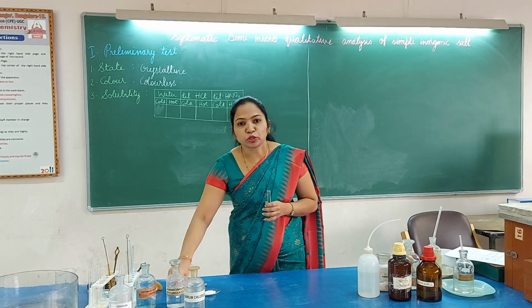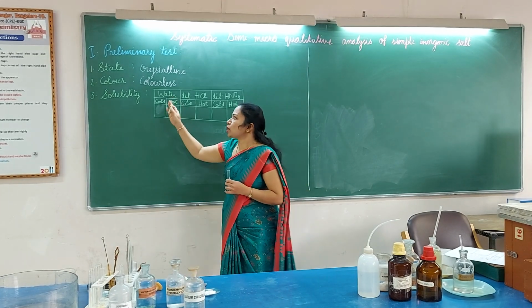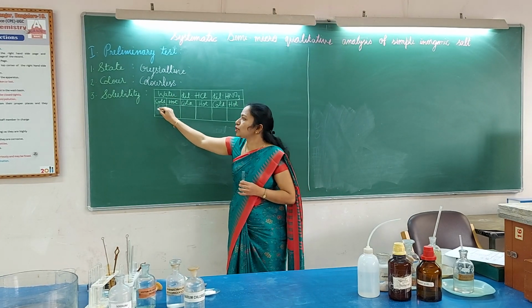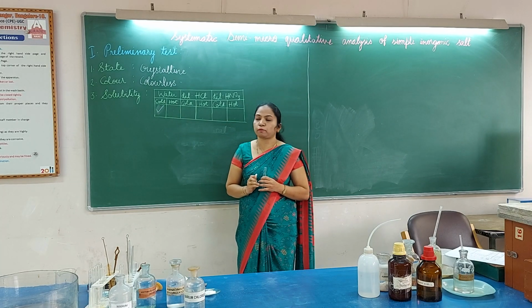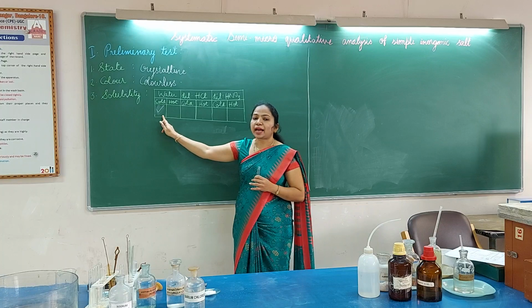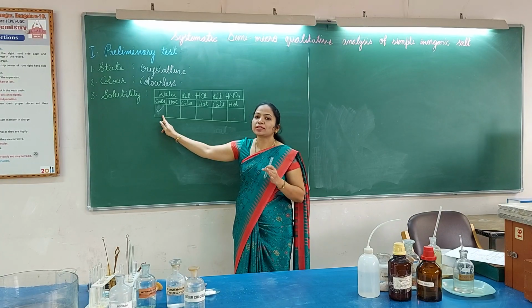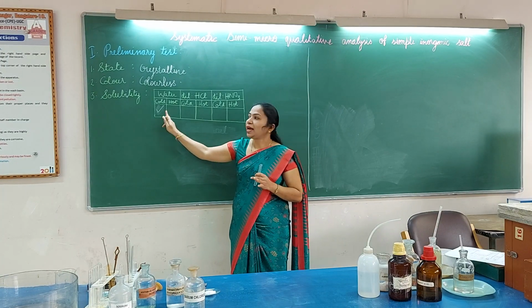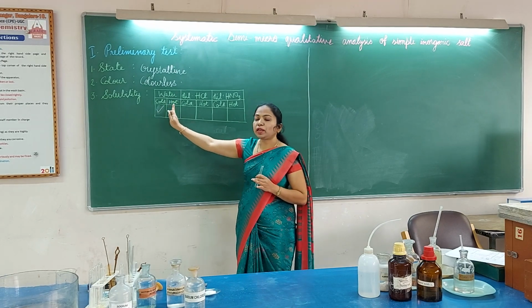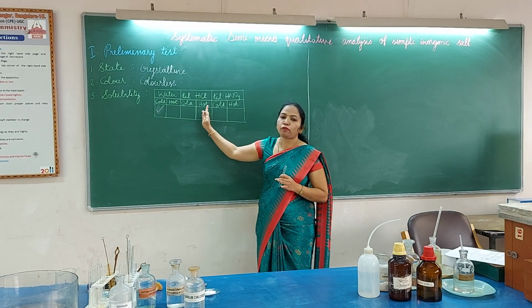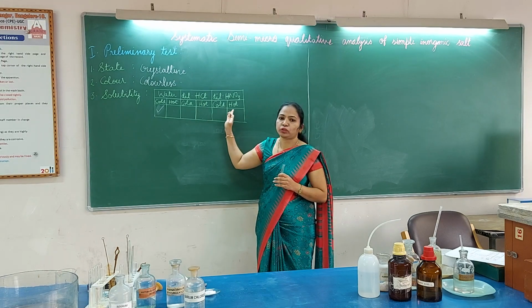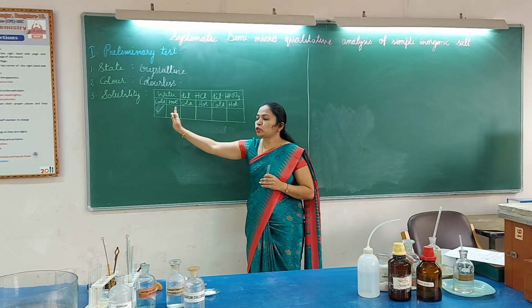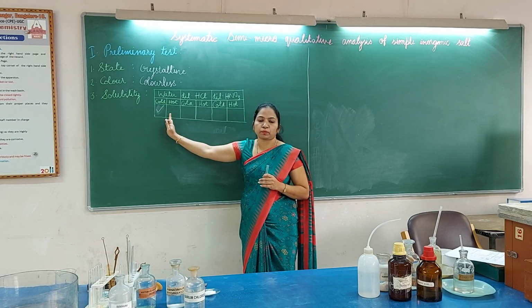It is soluble in cold condition, so you have to mark it as a tick. This much is more than enough. It indicates that the salt given to you is soluble in water. Since it is already soluble in water, there is no need to test solubility in HCl or HNO3. So you have to stop at water.